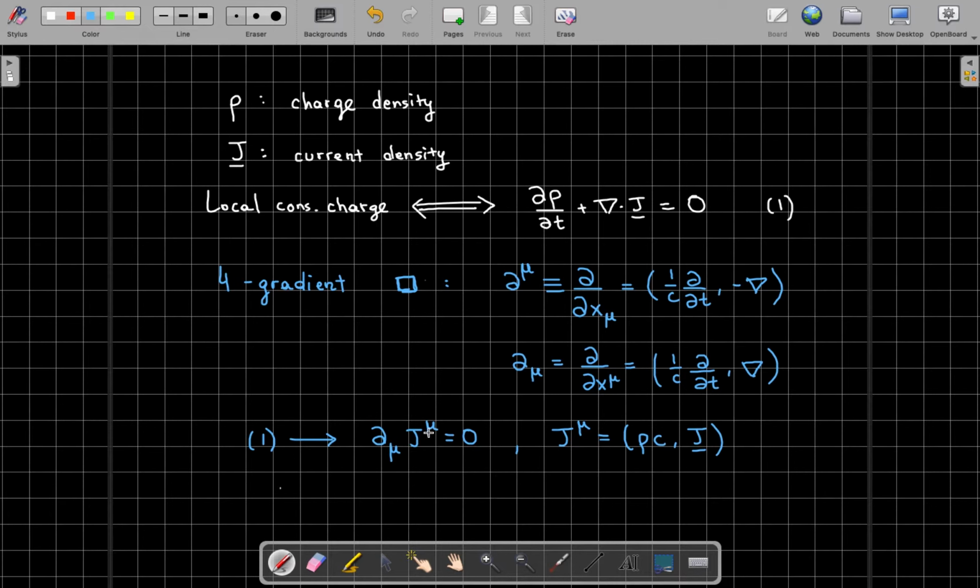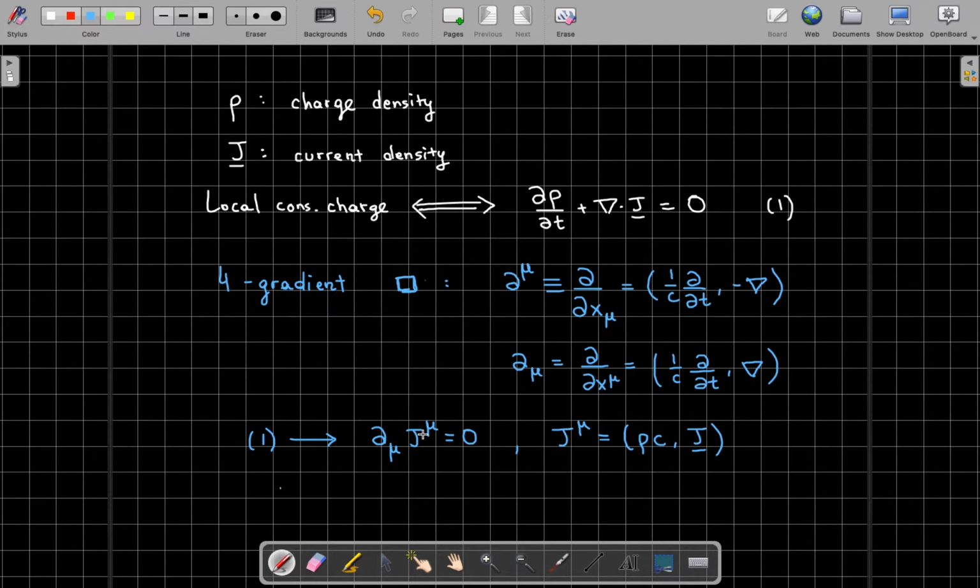Okay, but we've also got to make sure that J^mu here is a four-vector. We don't know this yet. The reason we can write this is because we're conjecturing that this quantity right here is an actual four-vector. Okay, so let's do this. One very easy way to see why is, well, look at this. On the right hand side, I've got 0. This is a Lorentz scalar.